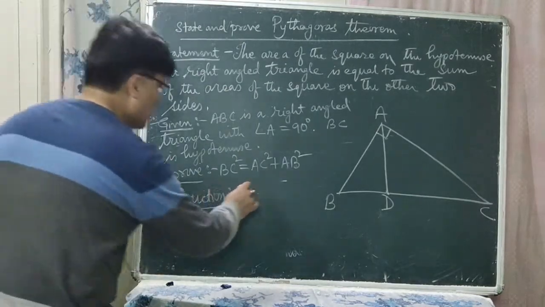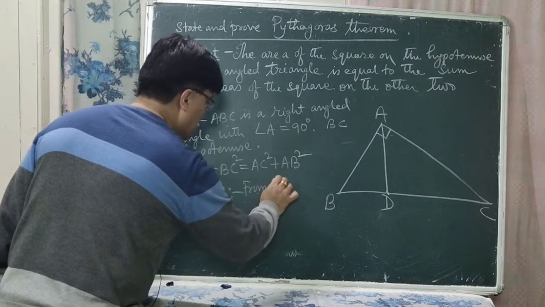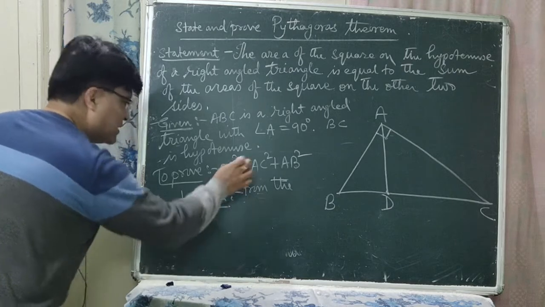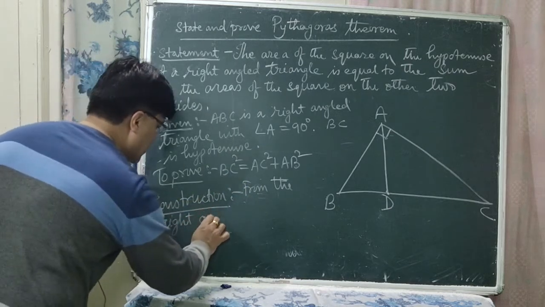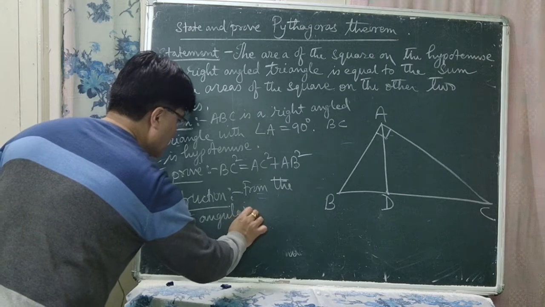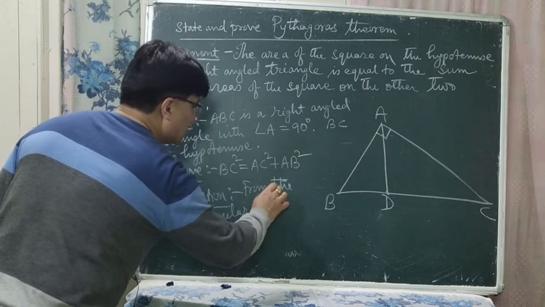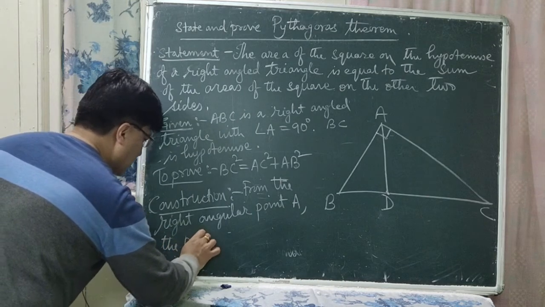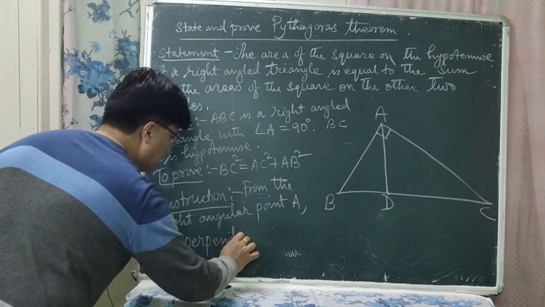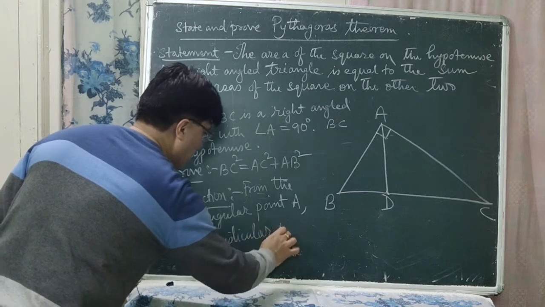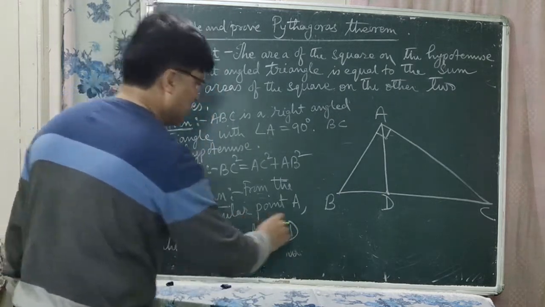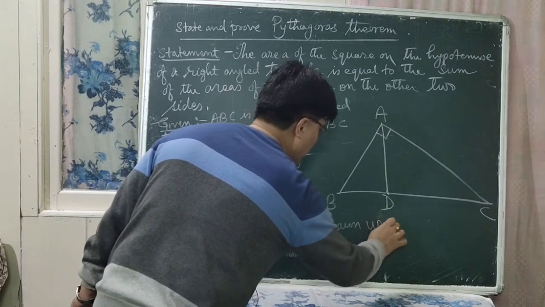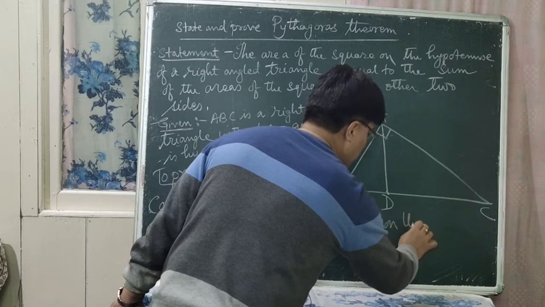Okay. So from the right angular point, because it is 90 degree, right? From the right angular point A, the perpendicular AD is drawn upon the hypotenuse BC.